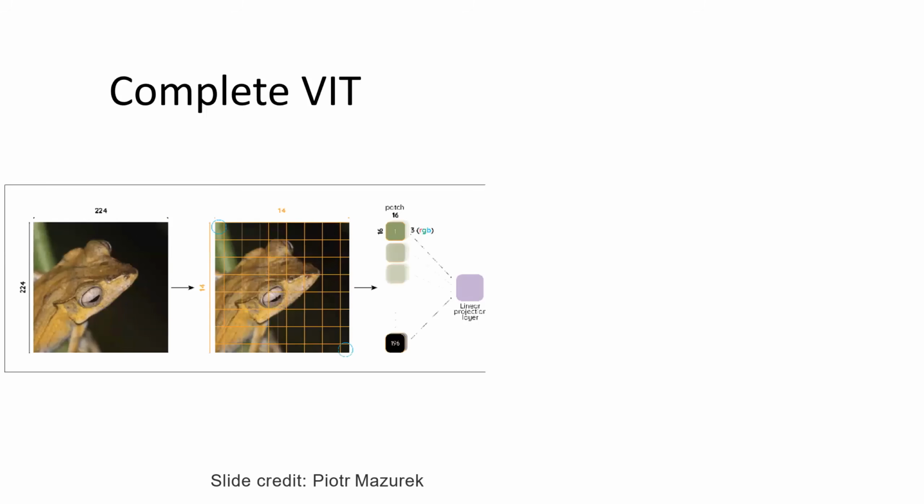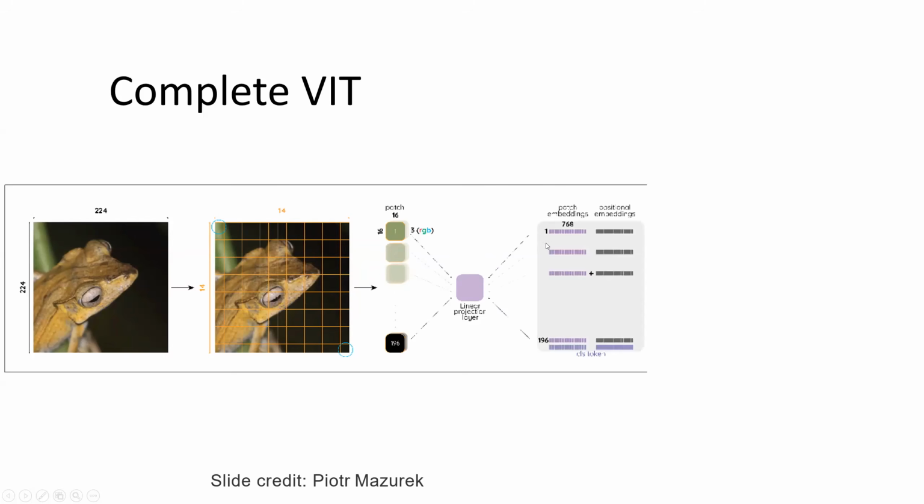So the complete ViT is like this: take the 224 by 224 image, divide into 16 by 16 patches, 196 patches, project, get the 768-dimensional feature vector, embedding, add the positional embedding there, and then go to the encoder, and then comes out the prediction of ImageNet.